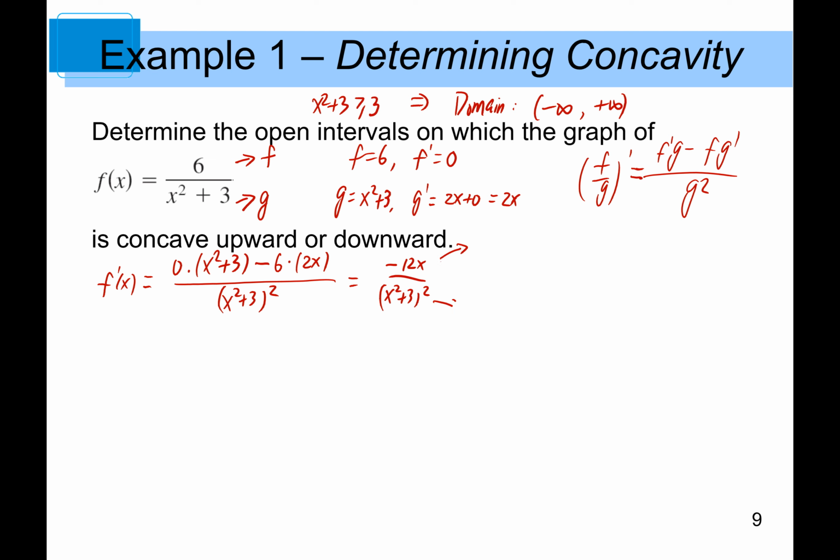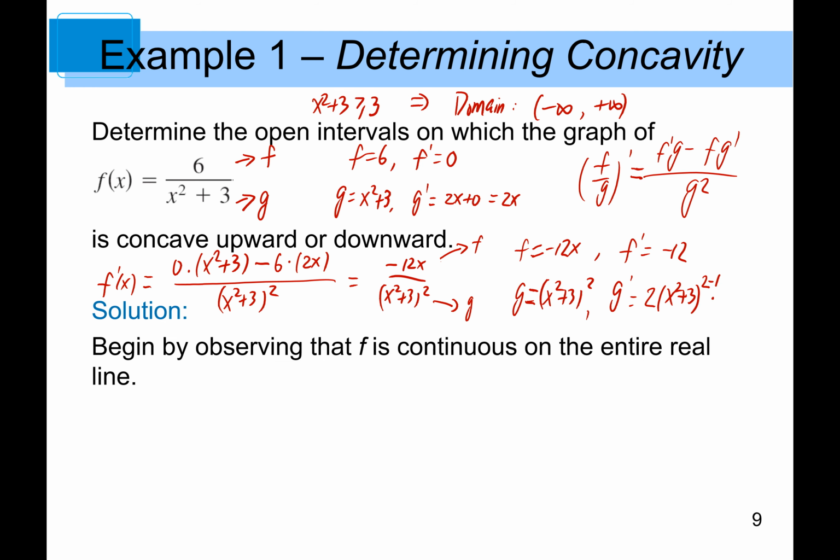So again, we're going to apply the quotient rule one more time. F now is negative 12x. F prime is negative 12. G is x squared plus 3 squared. And G prime, we're going to apply the chain rule here. First of all, you apply the power rule: x squared plus 3, reduce the power by 1.